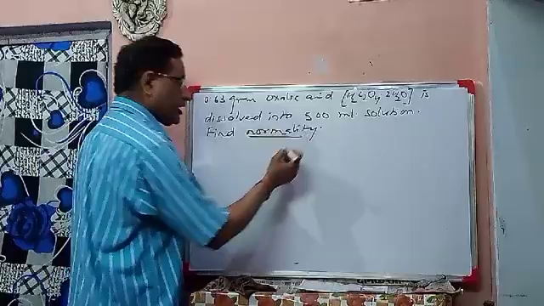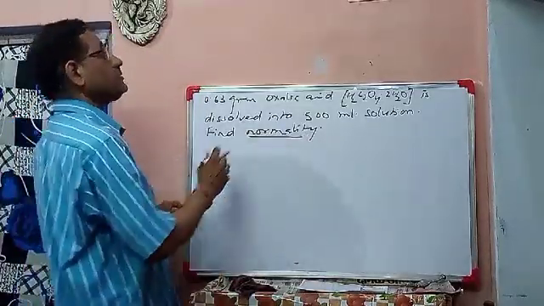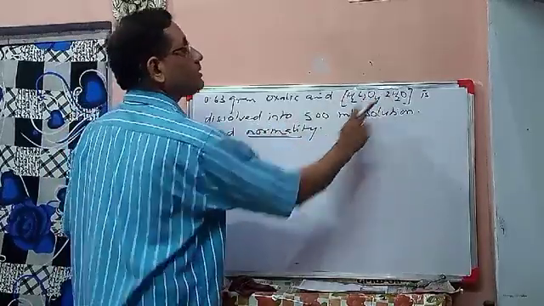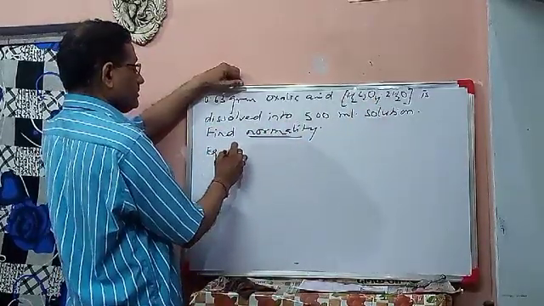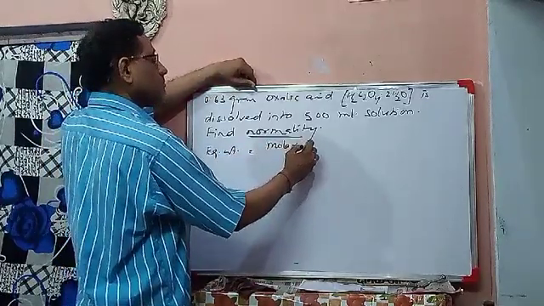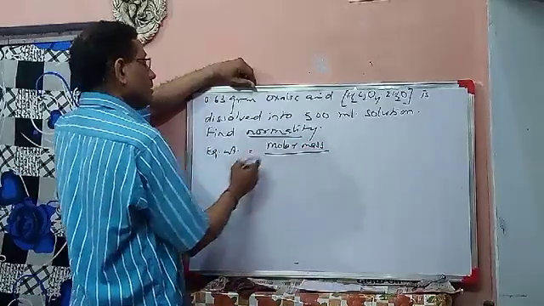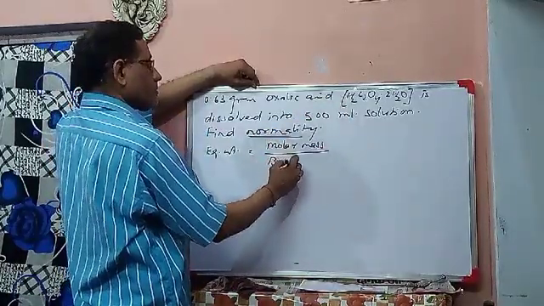First, for normality, you require equivalent weight. First find equivalent weight, for which you require molar mass. So their equivalent weight will be molar mass upon basicity, since it is an acid.